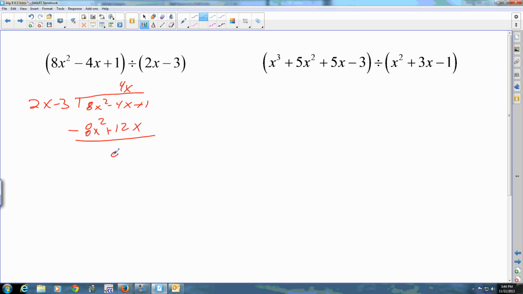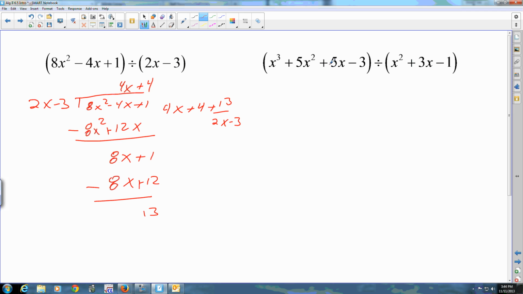So that would be 8x plus 1. 2x times what is 8x? So plus 4. So that would be 8x minus 12. Change the signs. So that would be 13. So 4x plus 4 plus 13 over 2x minus 3.